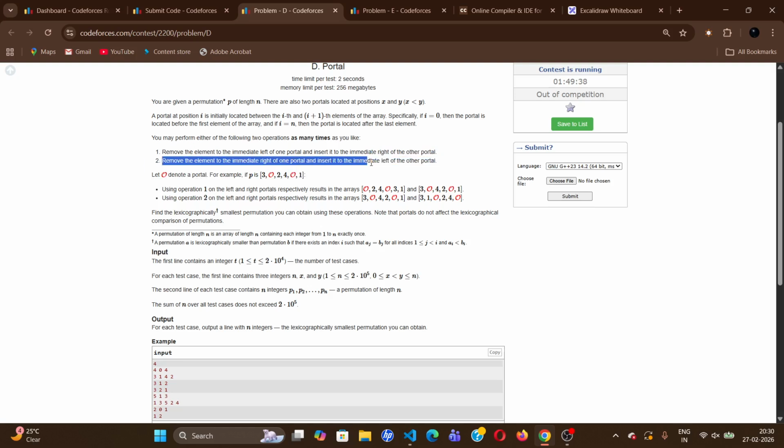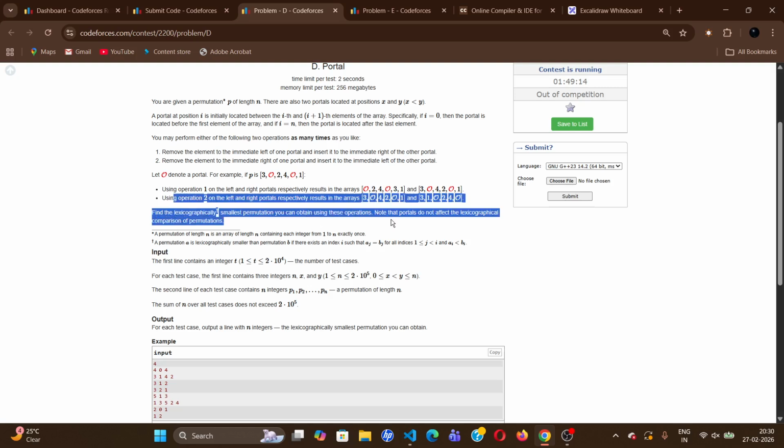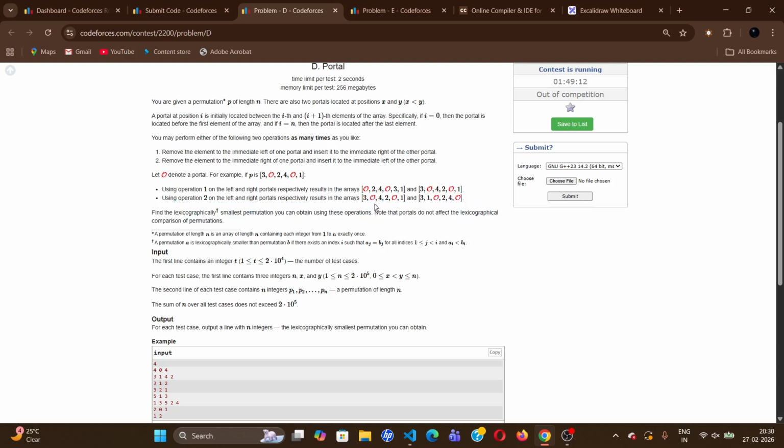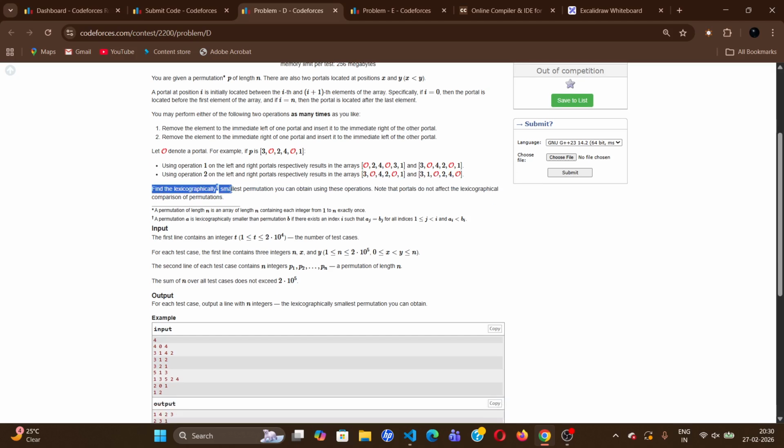Remove the element to the immediate right of the portal and insert it to the immediate left of the portal. Using one operation on the left and right portals respectively results in the array. Okay, so 3 is gone here, right? Yeah, and 3 can be turned back. Find the lexicographically smallest permutation.